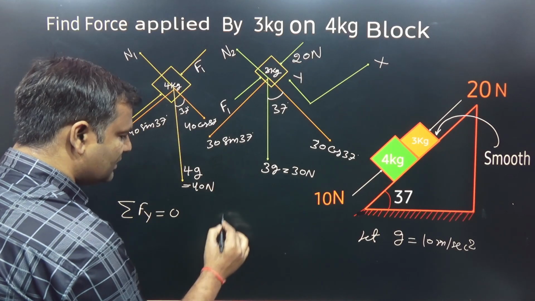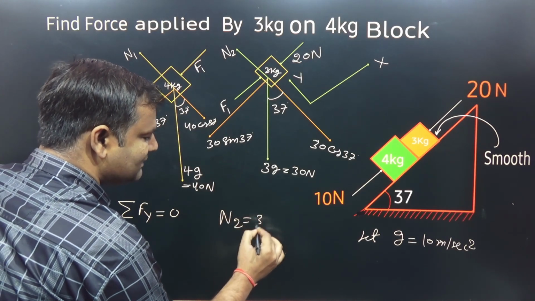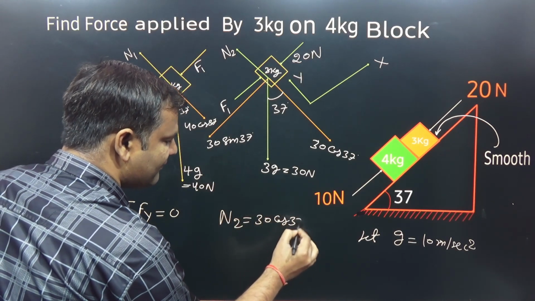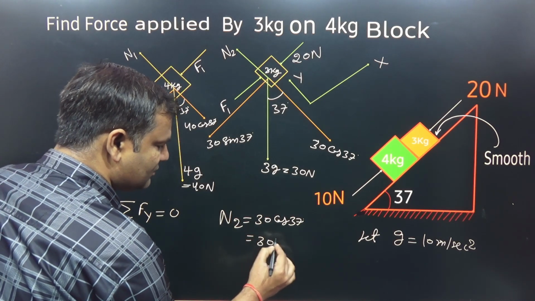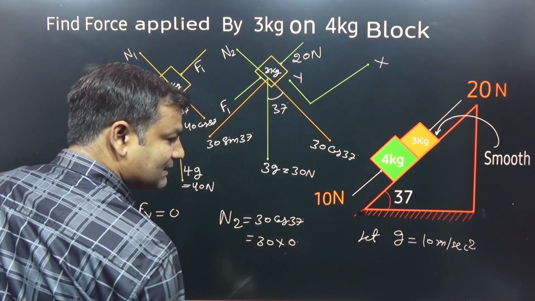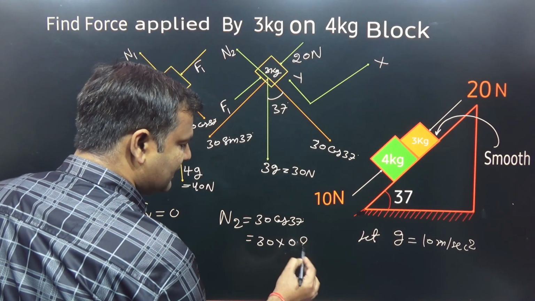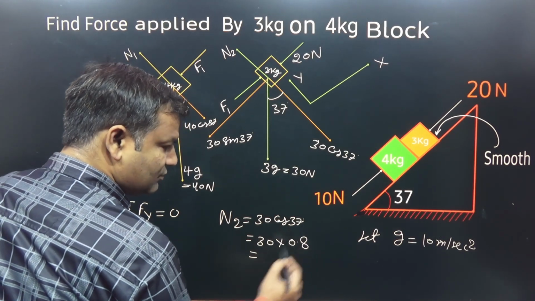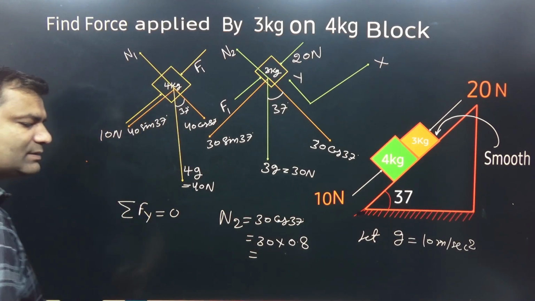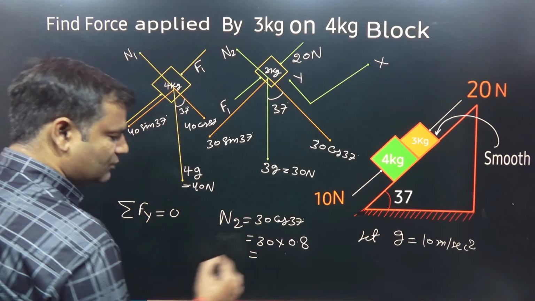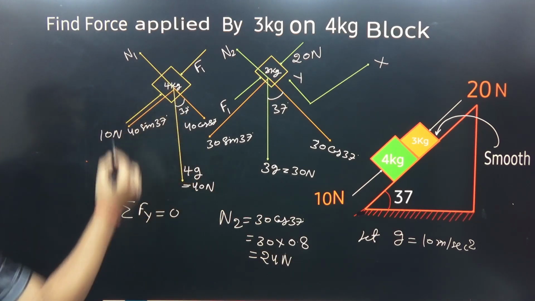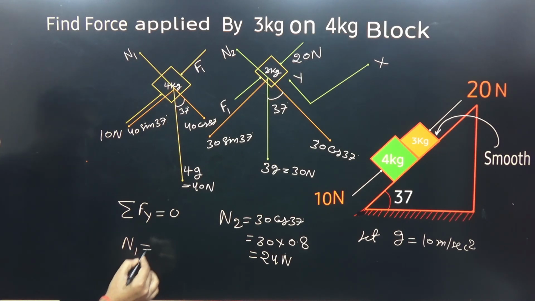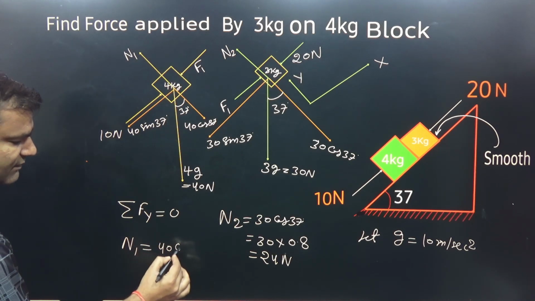So N2 is equal to how much? 30 cos 37. If asked about the normal force, simply write 30 into cos 37, which is 0.8. So 3 into 8, 24 Newton. The same concept applies here also. N1 is equal to 40 cos 37.